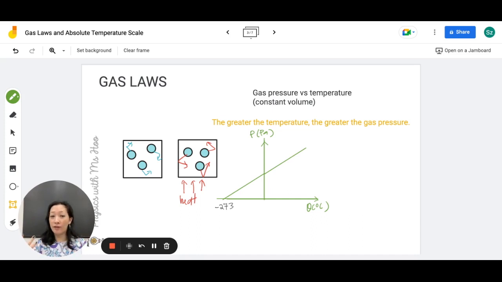We have to change the values a little bit, and this is where a new temperature scale was obtained. So in this case, we shift the graph forward so that it can start from the origin. You cannot plot this against degrees Celsius, obviously, because the number should be negative 273.